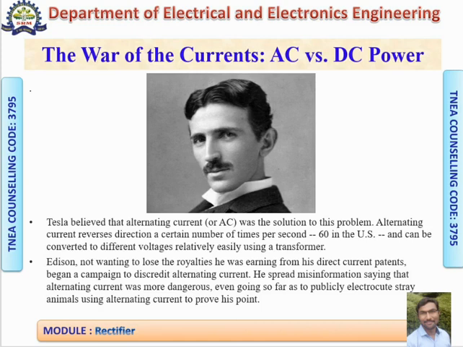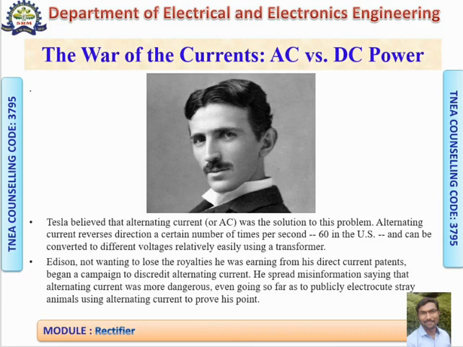Alternating current reverses direction a certain number of times per second, that is 60 times per second in the United States, and it can be converted into different voltages using a transformer.